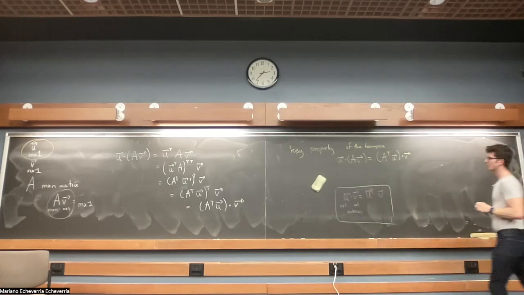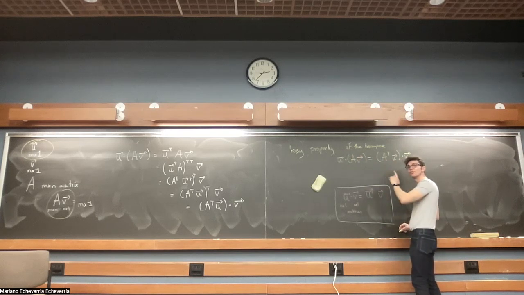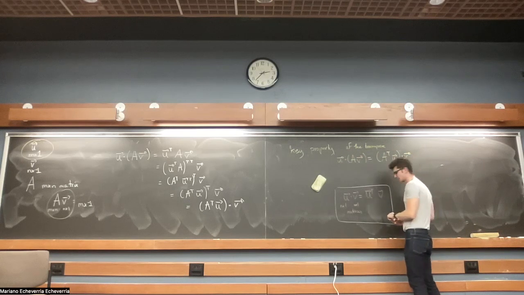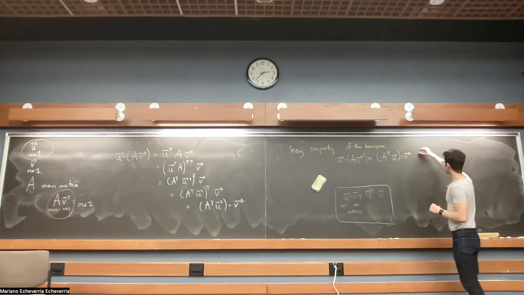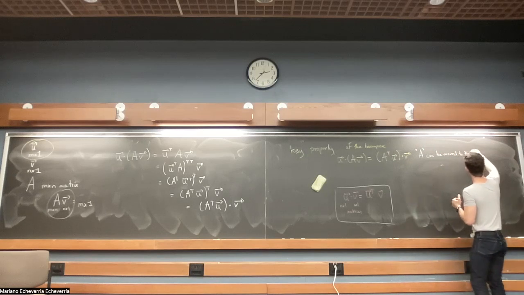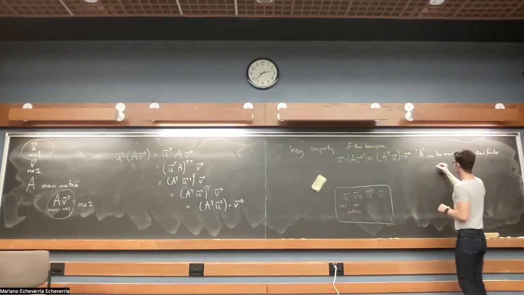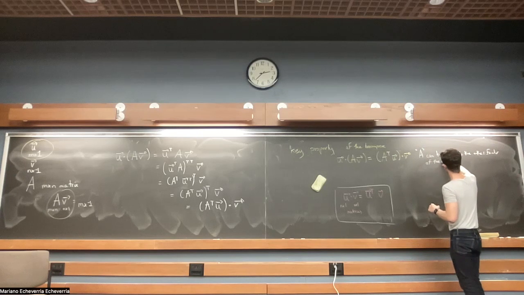What this is saying is that when you see a matrix in a dot product, you can move it to the other factor, but the price for moving it to the other factor is to transpose the matrix. Okay, so you can move a matrix around in a dot product, which is kind of non-obvious, but when you move it, you have to move it as a transpose matrix. So the matrix A can be moved to the other factor of the dot product as long as you transpose it.